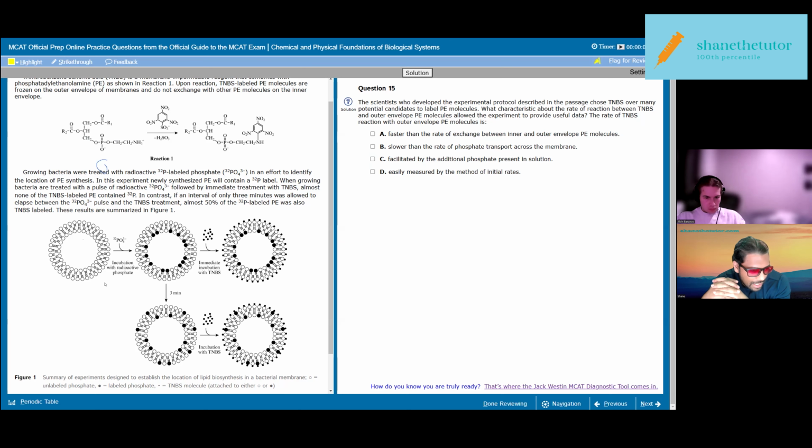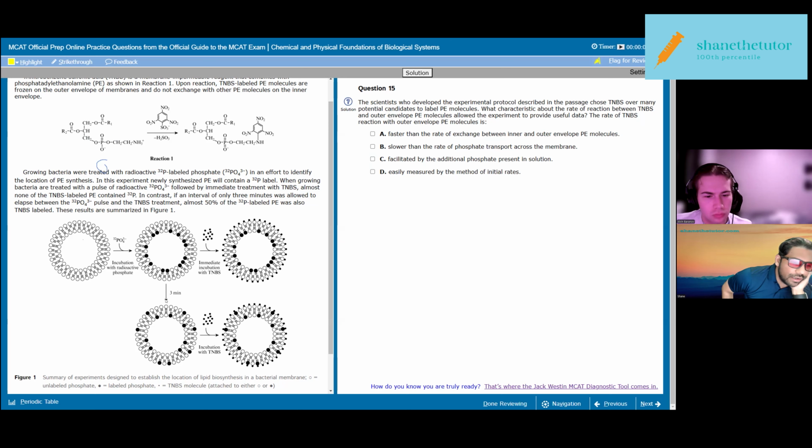The TNBS molecule is, I guess, the smaller circle, and it can only get to the ones on the outside. Okay.